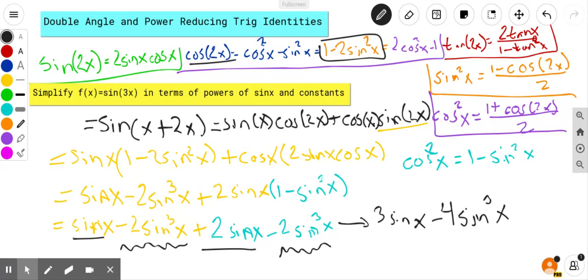And that's as far as I would take it, given what the problem is. With sine cubed, I could look at maybe the sine squared, but then that's going to introduce a cosine, and that kind of takes me back to where I was. So it doesn't make sense for me to do that substitution. And that's what I would consider done in this instance.